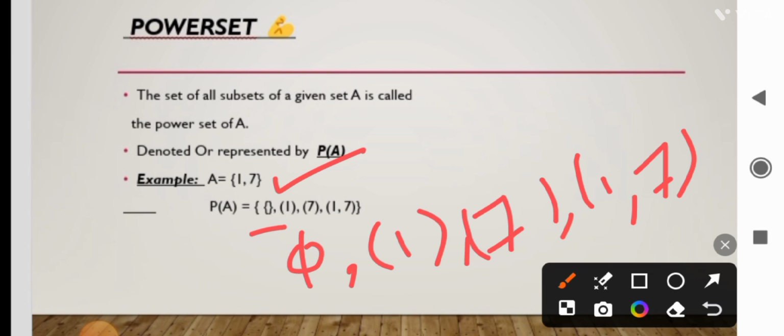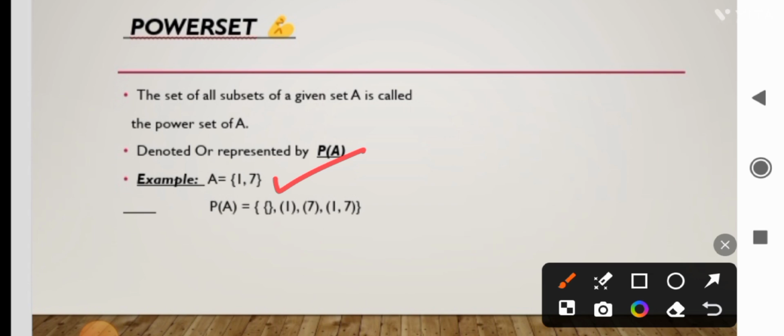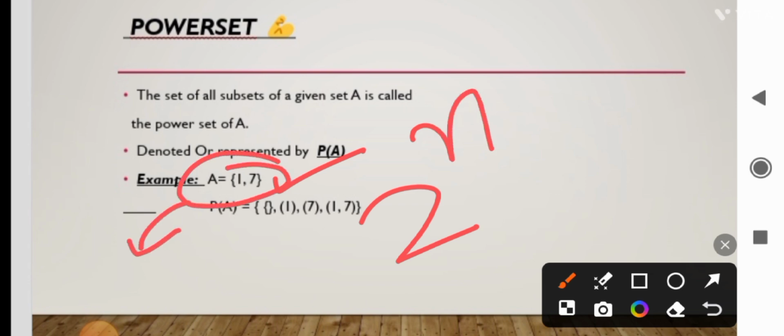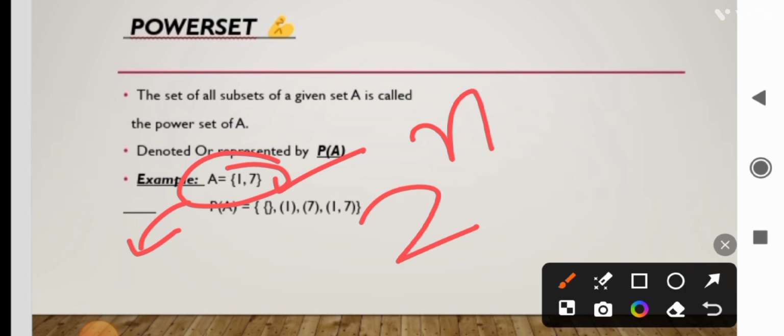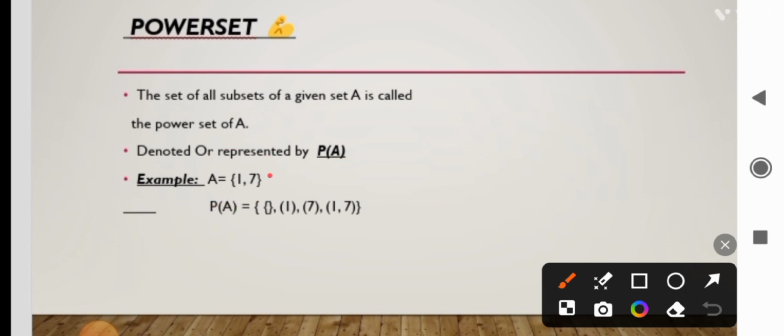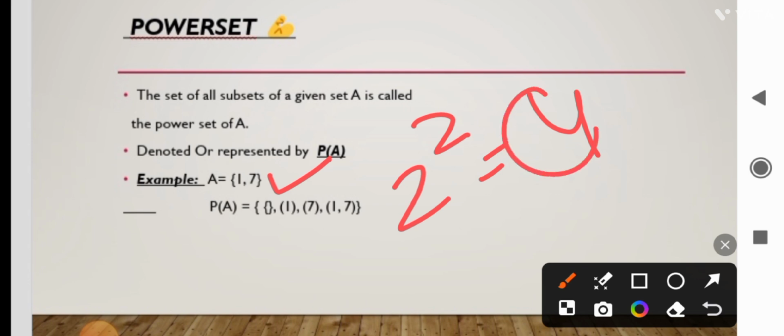One formula for finding the power set of any given set is 2 raised to the power n. Let's take the example. Here the set A contains 2 elements. Here n refers to the number of elements present in the set. So if we are finding the power set of it, 2 raised to the power 2 is equal to 4. That's what we are getting here as the power set.